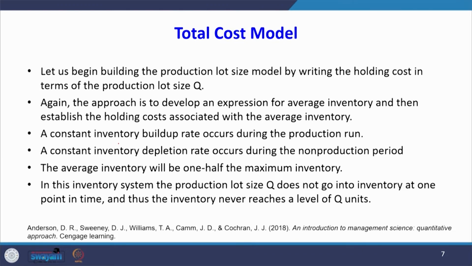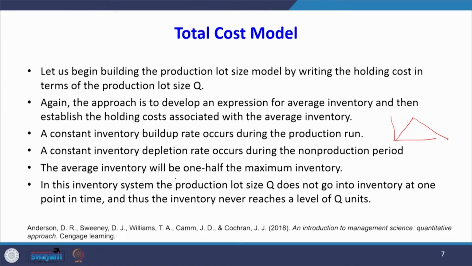A constant inventory buildup rate occurs during the production run. During the production time the inventory buildup is taking place. A constant depletion rate occurs during the non-production period, so during non-production time we are consuming the inventory.